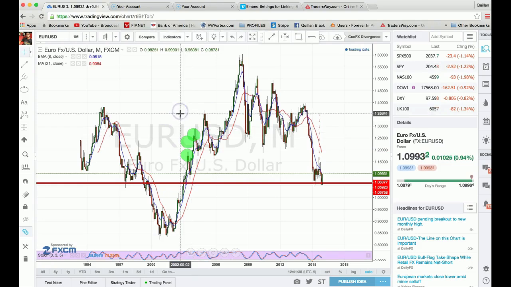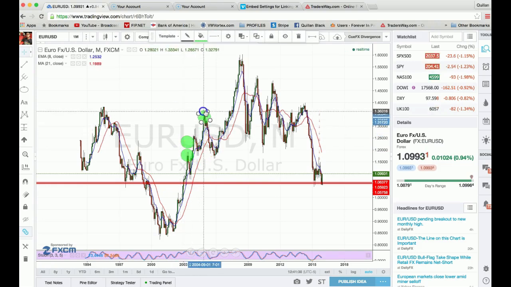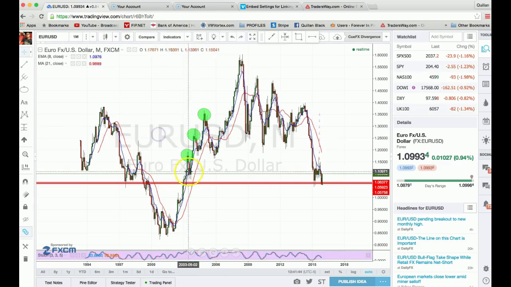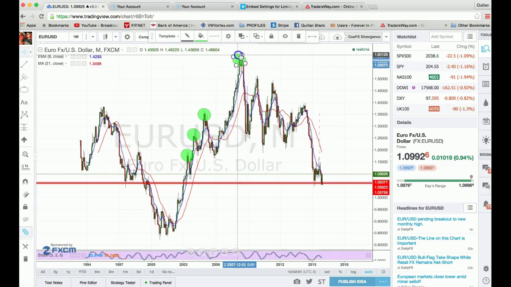As the market is trending up, each new high is higher than the previous high. As you can see, it went up, pulled back, went up, pulled back, went up, pulled back, and went up again. These are all called higher highs, and you'll see that in an uptrend.